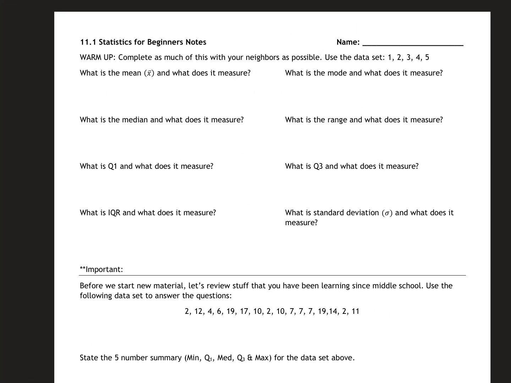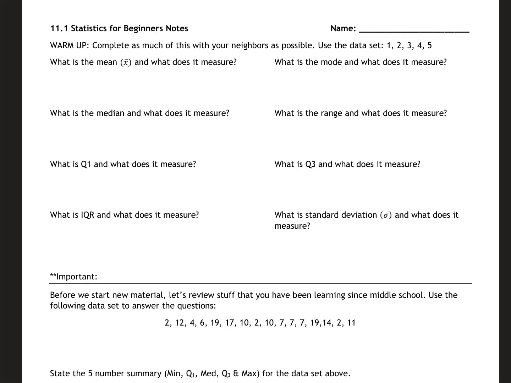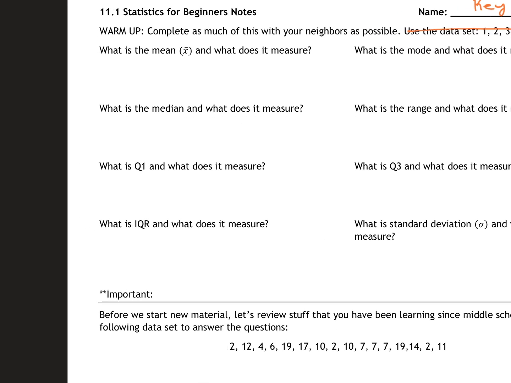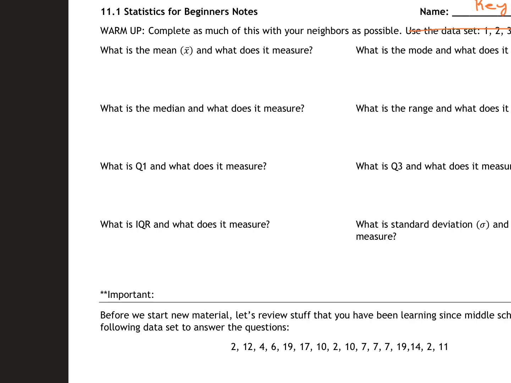All right, let's look at some of our information. Let's look at what things mean. So what is the mean and what does it measure? The mean here is the average of the set of data.